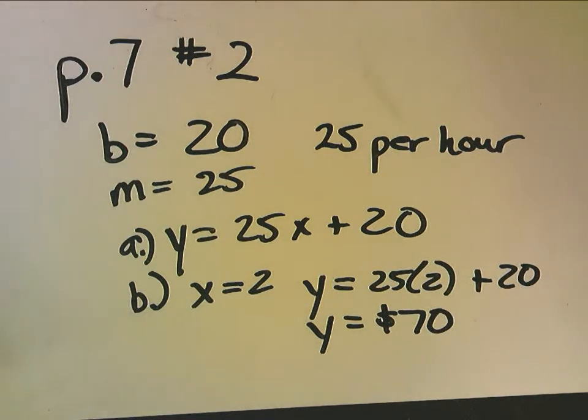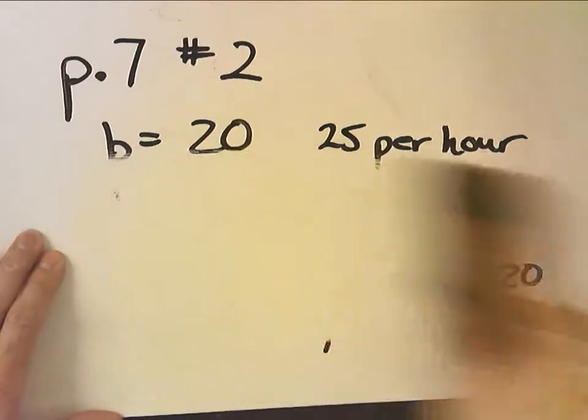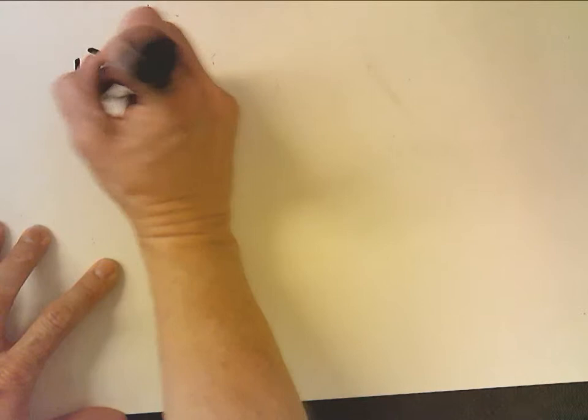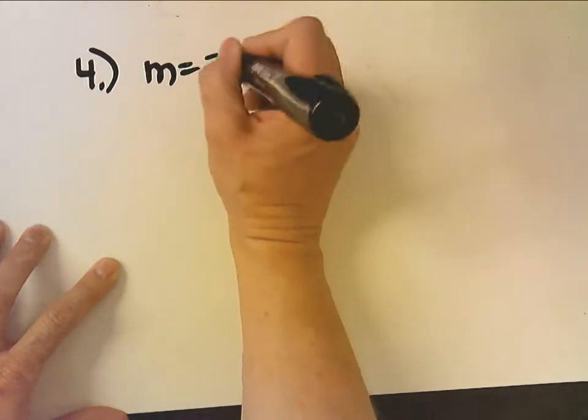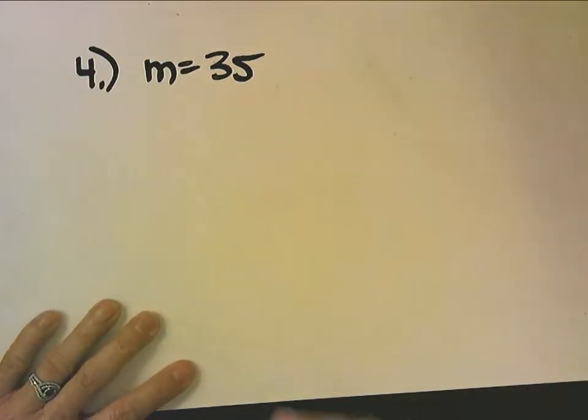Okay. Now, let's look at number 4. Number 4 says a gym charges $35 per month. There's that word per again. So for number 4, m equals 35, because it said $35 per month.